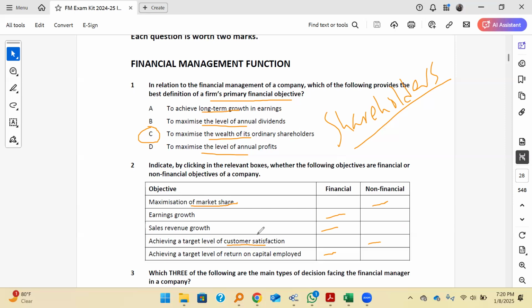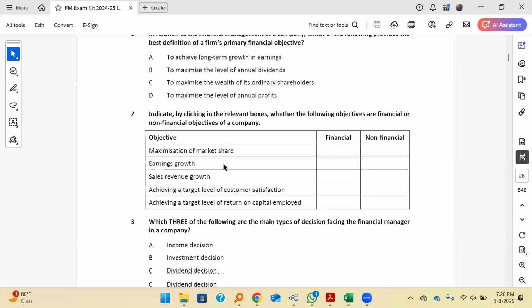So non-financial objectives in their nature translate to financial objectives. This is one of the reasons why it is important to monitor not only your financials, but also your non-financial objectives. If you have a question as we go, you can stop me. But if you don't stop me, I'll just proceed.